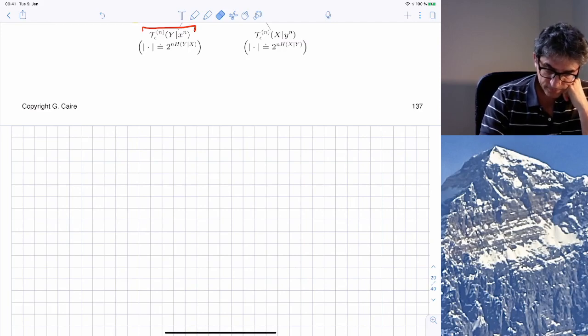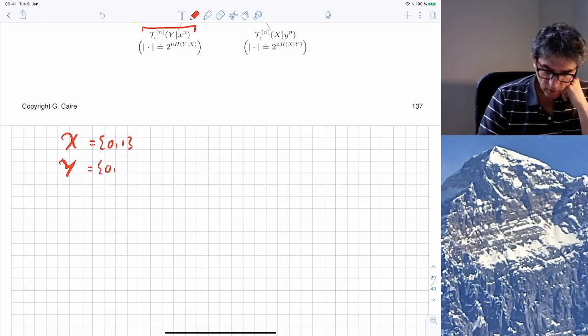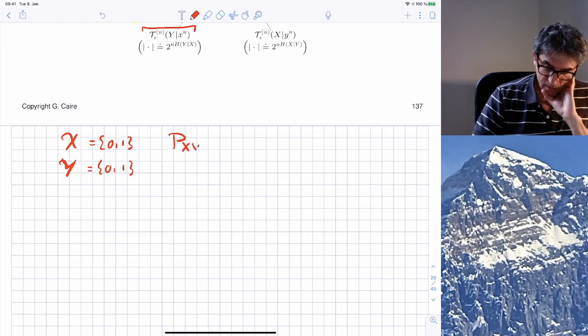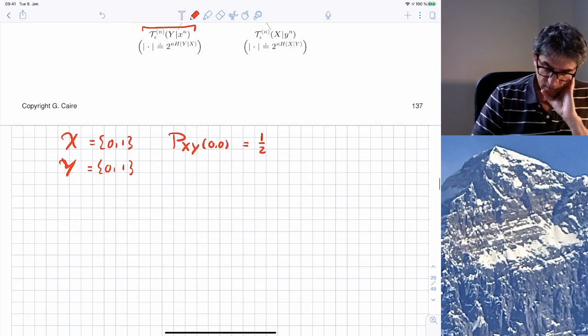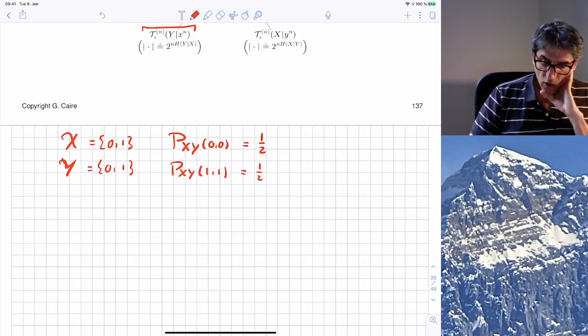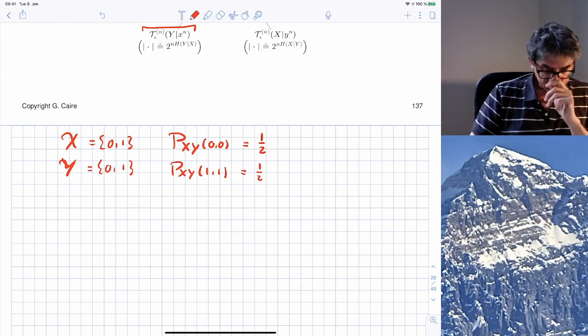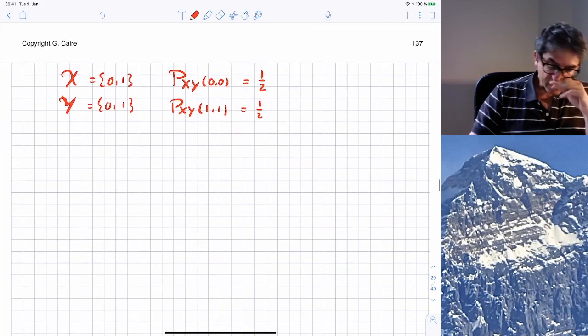So x is 0, 1, y is also 0, 1, and I consider the following joint distribution: p_xy(0,0) equal to 1/2, and p_xy(1,1) also equal to 1/2. And of course, the probabilities of (0,1) and (1,0) are 0. That's a little bit of an extreme case, but okay.